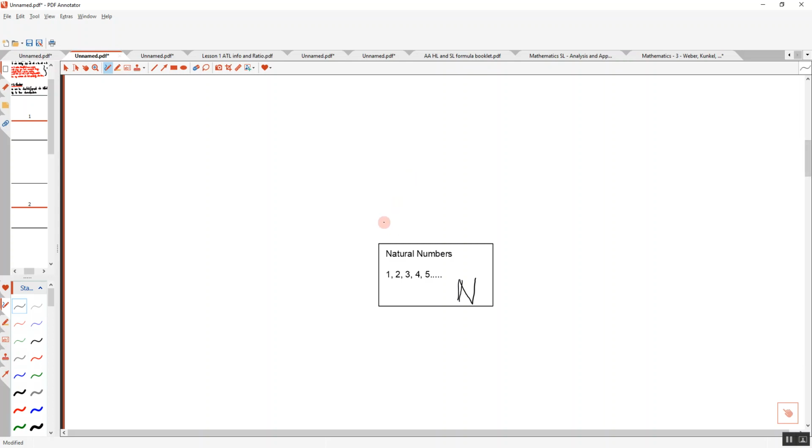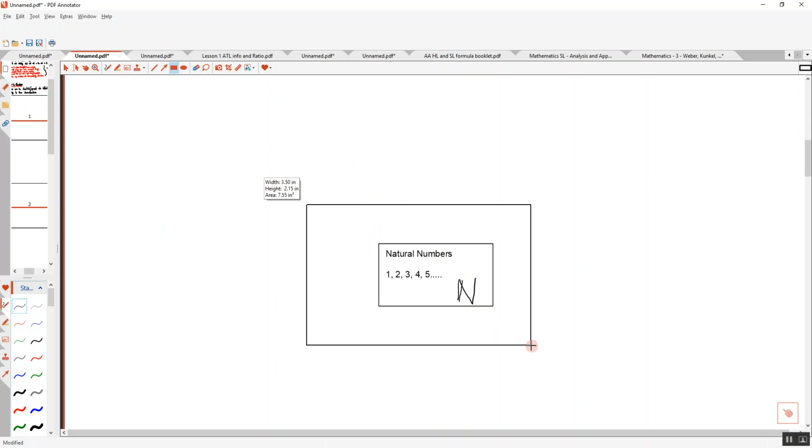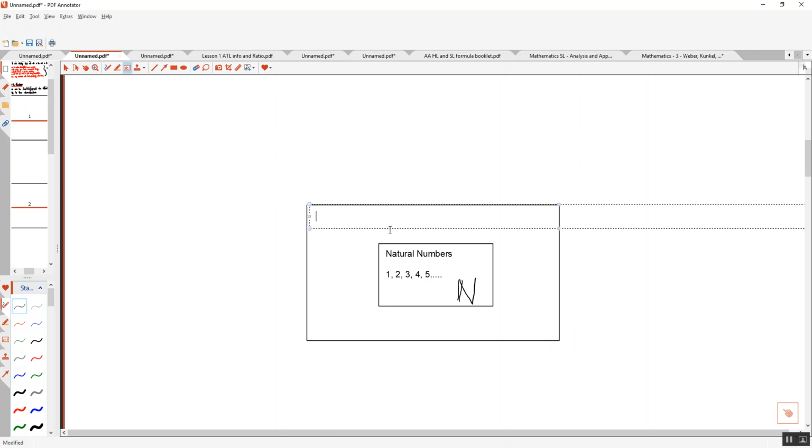0 is a part of what is called whole numbers. So 0, 1, and so on.